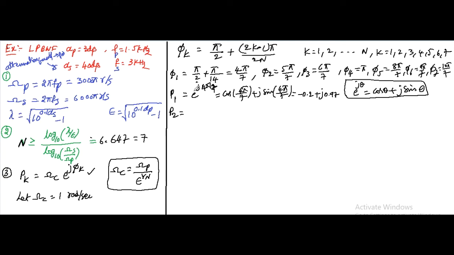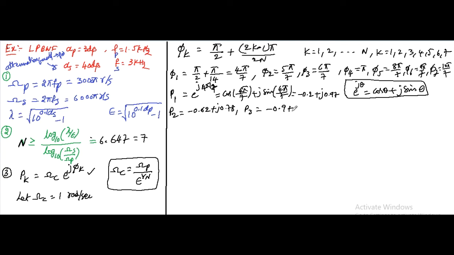So now I am writing those values directly. P2 is minus 0.62. I am writing all these as approximate values. I have already calculated these values, that's why I am directly writing them. If you want, use calculators and determine all these values.